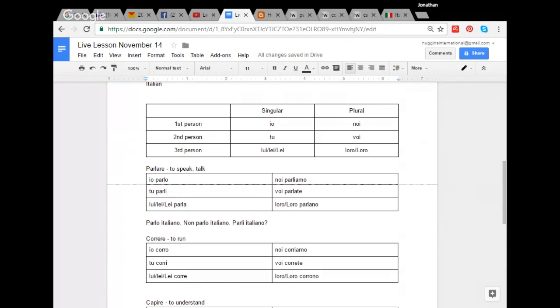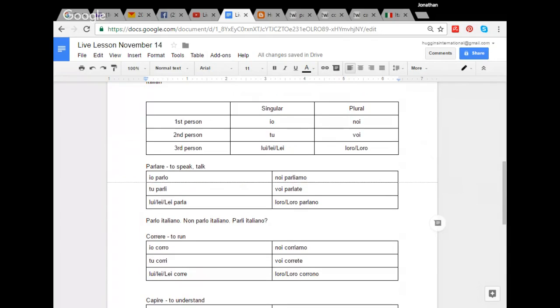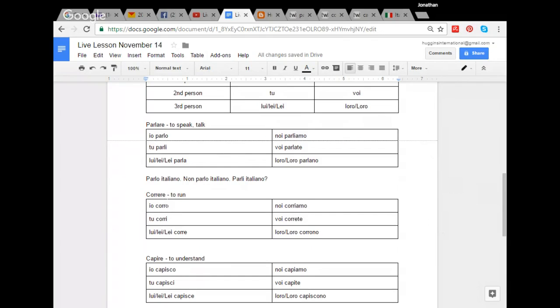You'll notice in this second group with the ERE ending, we have something similar. We have the O, I, but this time we have the E ending here, corre, for lui, lei, and for the noi ending, again we have this AMO ending, and we have this ETE ending.